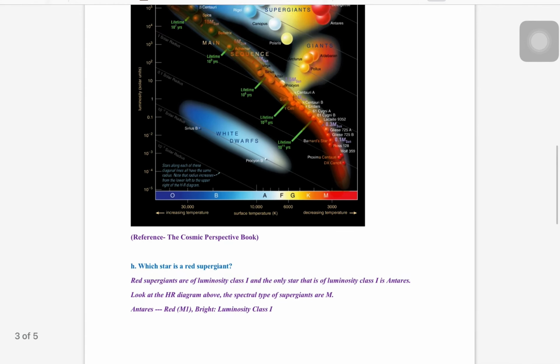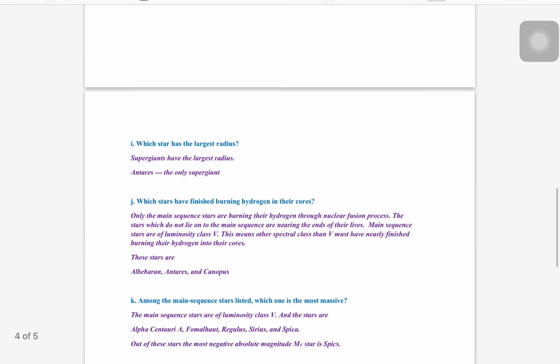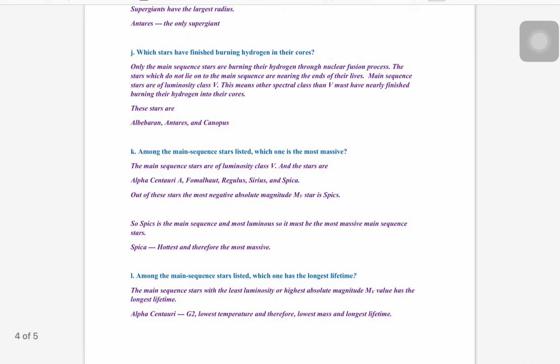So you have the answer here. Because these stars do not fall on the main sequence line, that means they have burned their hydrogen cores. Okay.